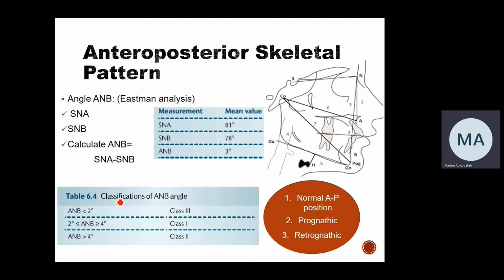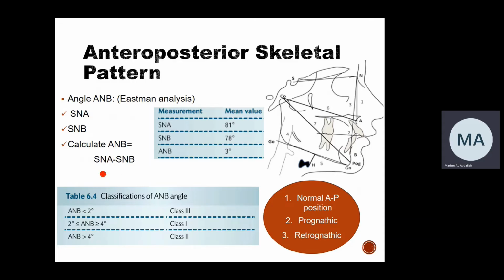If the A and B is less than 2, it could be 1, 0, minus 2, minus 4. We can have a minus value. For example, if the SNA is 80 and the SNB is 82, that means the A and B is minus 2, because it's SNA minus SNB.